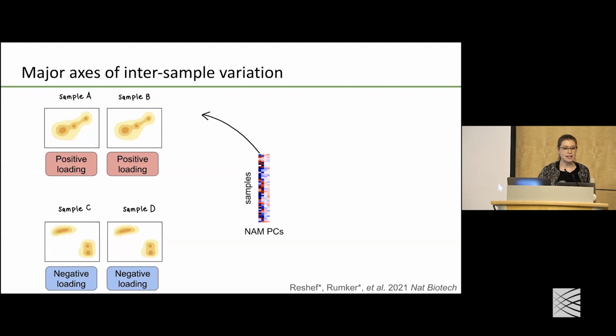I'd also like to highlight that in these features, these NAM PCs, we're still aggregating information about cell abundance across large swaths of transcriptional space, sort of like clustering. But the key distinction is the way in which we decide which parts of transcriptional space to aggregate together. Because in clustering, not only are those bounds set by the researcher, but they also focus on contiguous parts of transcriptional space.